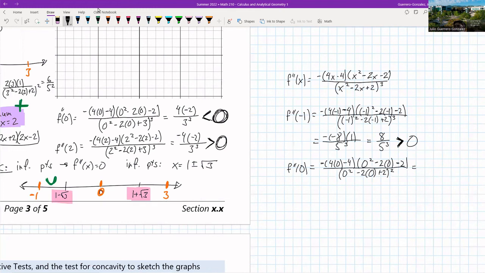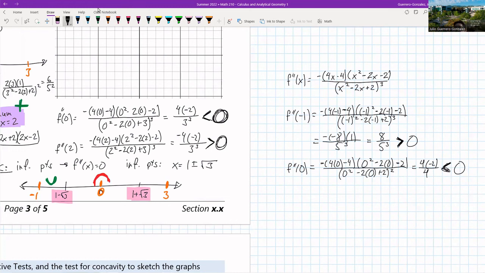There's going to be a minus and minus 4, so it's going to be positive 4 minus 2 all over 4. So we have something that is less than 0. So between these two values, it is going to be concave down since it is negative. So we have something that looks like this here, right?